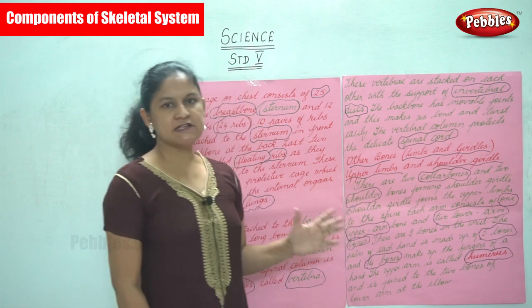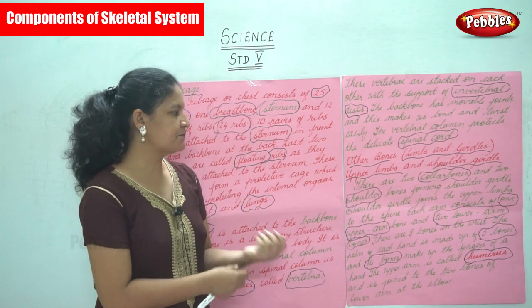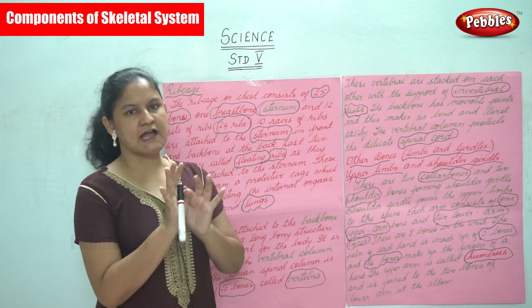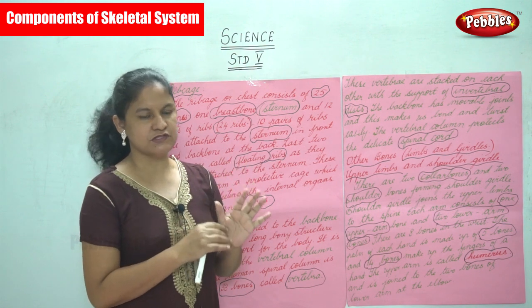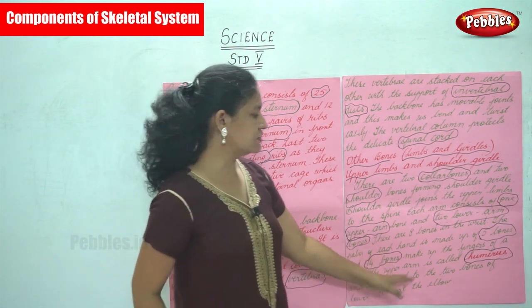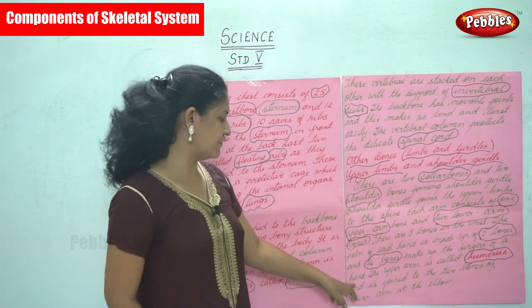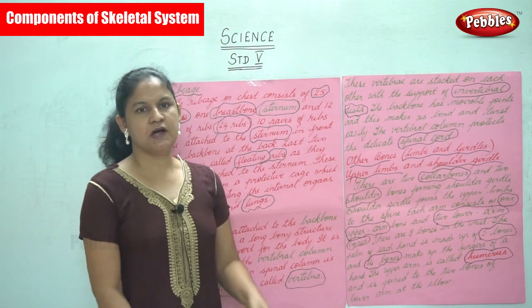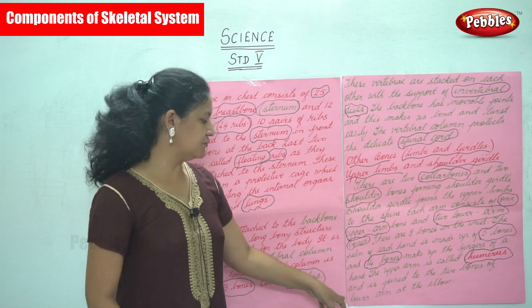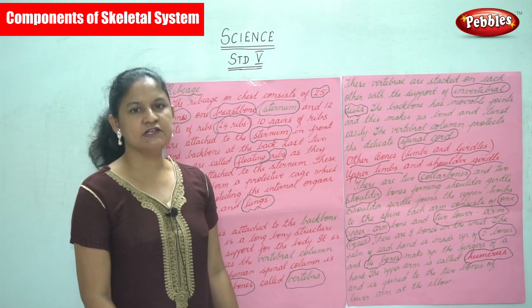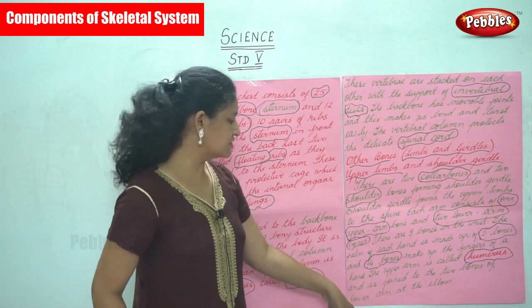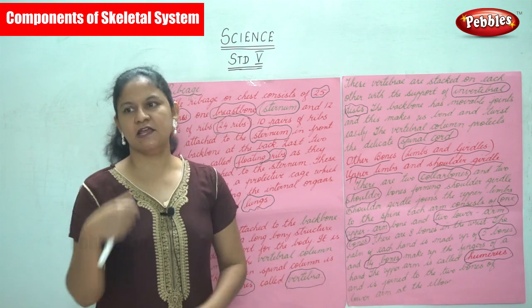There are 8 bones in the wrist. The palm of each hand is made up of 5 bones and 14 bones make up the fingers of a hand. The upper arm is called humerus and is joined to the 2 bones of the lower arm at the elbow.